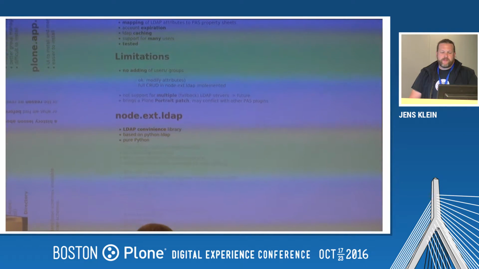There's node.ext.zodb, node.ext.filesystem, and we have different implementations so that you have unified access to nodes with attributes. node.ext.ldap is the implementation for LDAP here. It's based on python-ldap. It's all Python 2.7, unfortunately, not 3, but that could be updated.